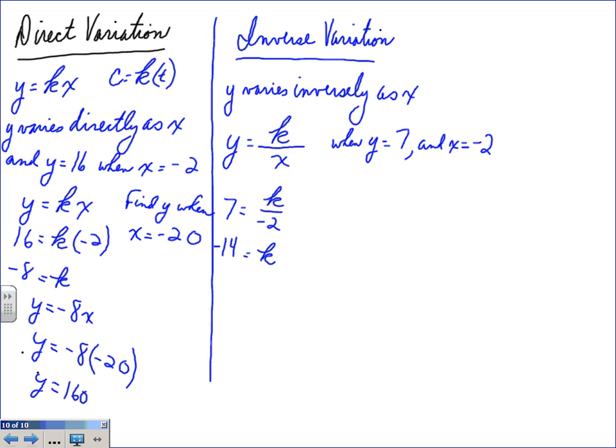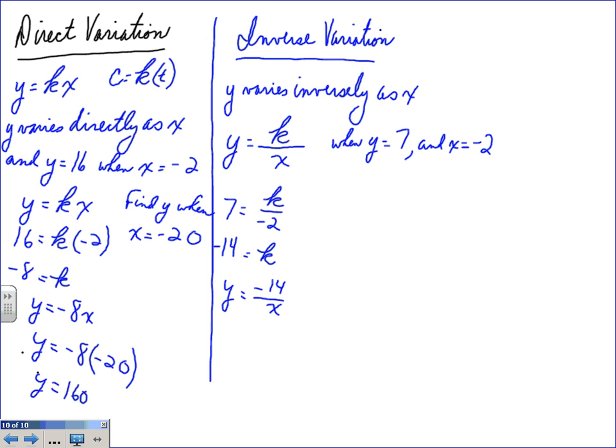So the equation would look like y equals -14 over x. And you might get asked to find y then when x is equal to positive 2. Then y would equal negative 7. Okay, get the idea? That's inverse variation.